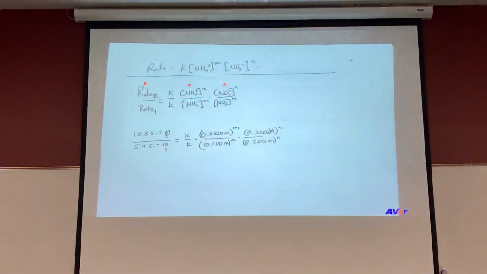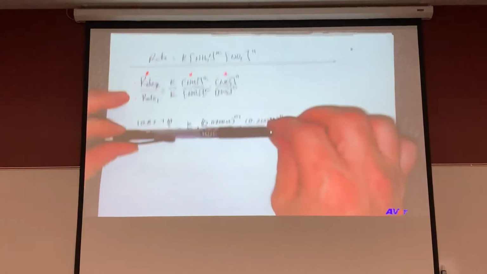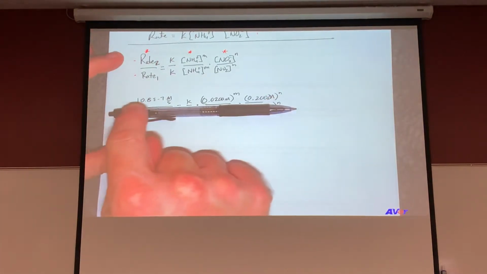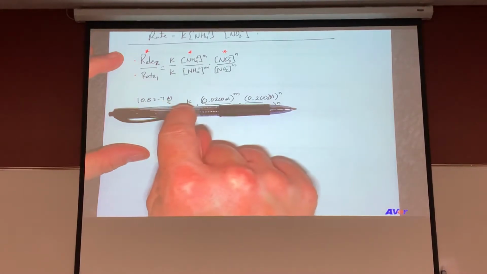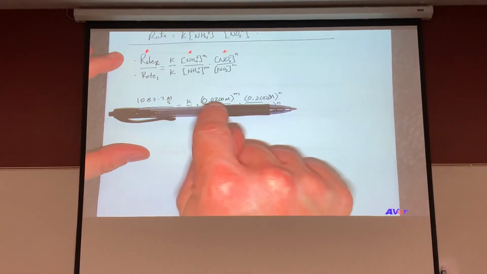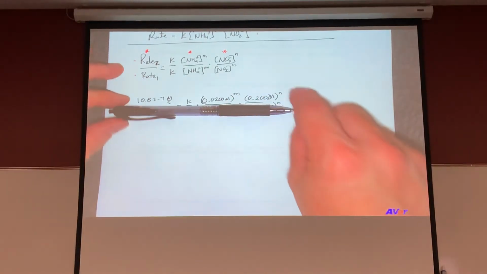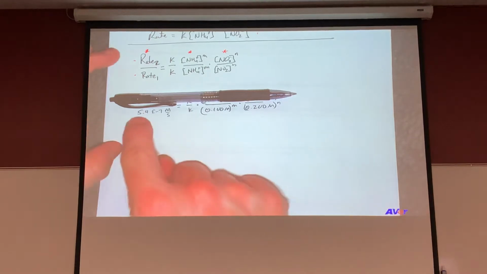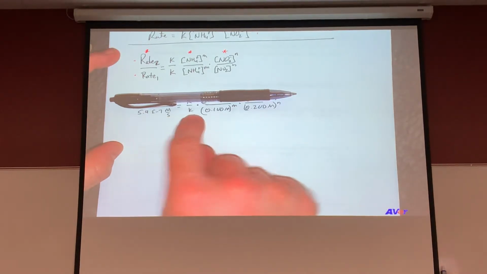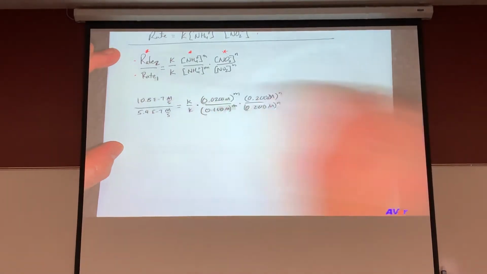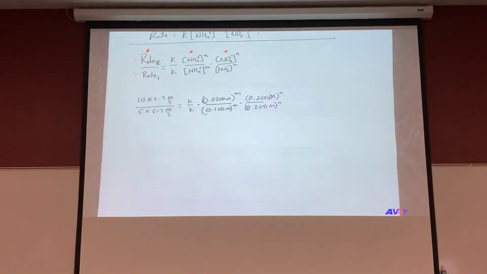Okay. So here's what I've got. For rate 2, there's the rate, the K you don't know yet, the value of ammonium, the value of nitrite, raised to the powers m and n. And then I look at rate 1, there's the rate, K you don't know, concentrations, m and n. Now, math-wise, what cancels?